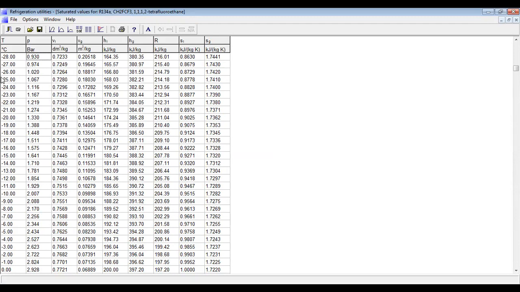Let's say this is minus 25.5. So the temperature is minus 25.5 at 1 bar.